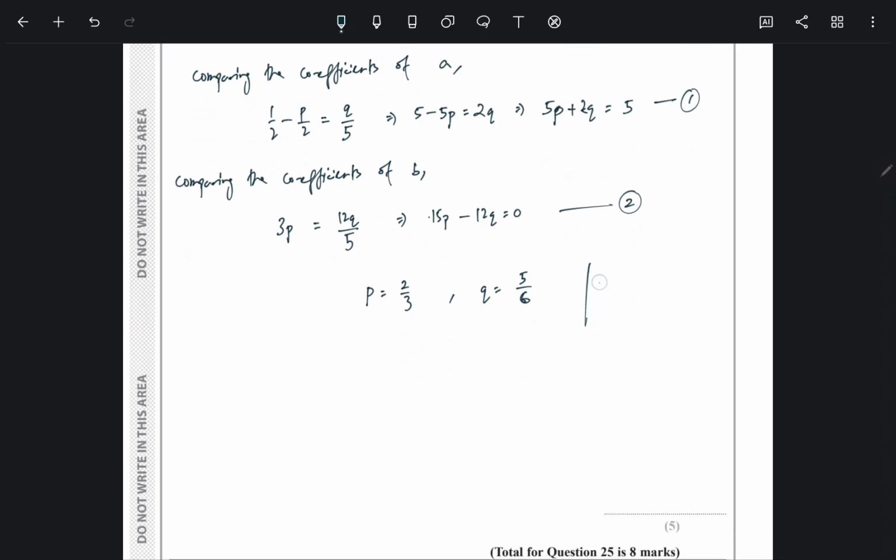Okay, so we have found our P and Q, and OX is Q times ON. Therefore, AX, that's what the question asks. AX is going to be AO plus OX.